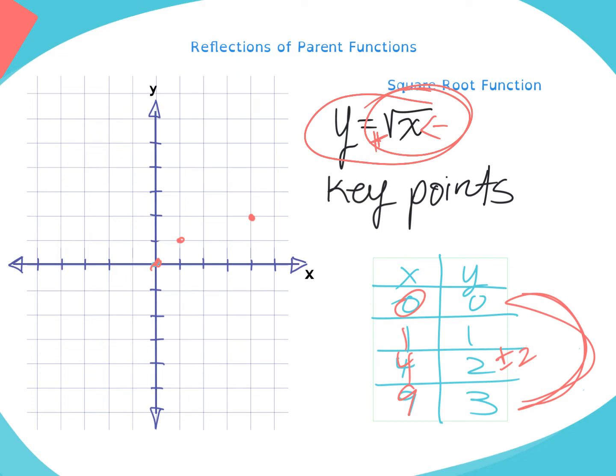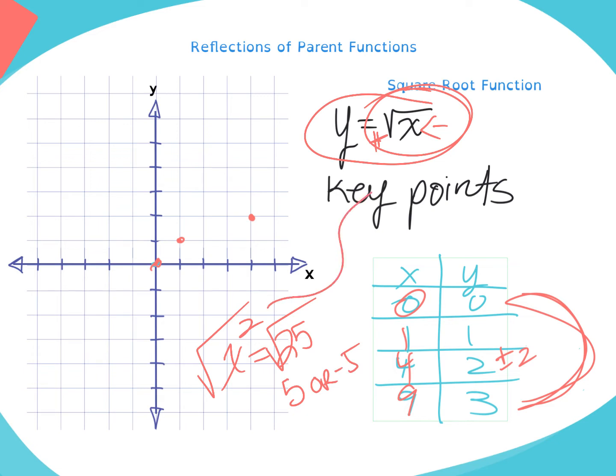You get a positive and negative answer when you're solving an equation where you have to undo a square. To undo the square, I have to square root both sides. I created the square root, hence I don't know if it was 5 or negative 5. But in this particular case, your root is already given to you, so you already know it's a positive root. So this is not the same rule that applies here.